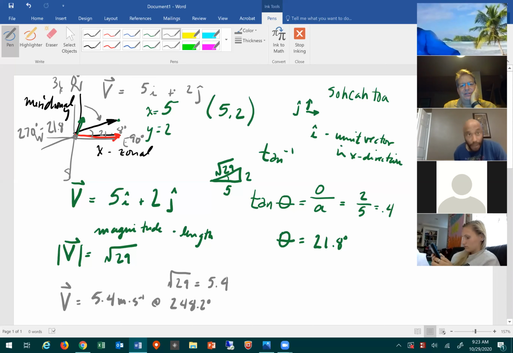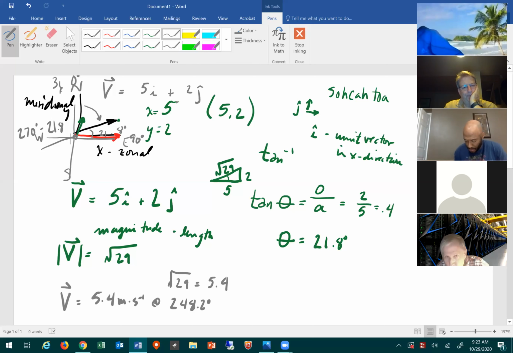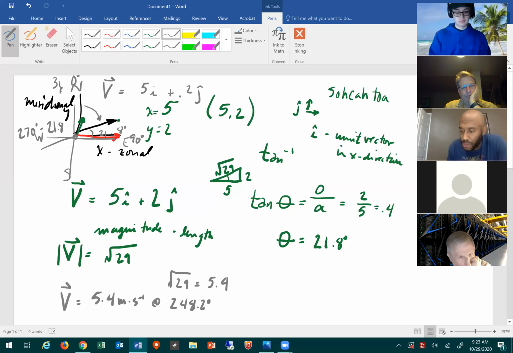Are these positive or are they negative? The individual terms? A wind from the west is positive or negative? Negative. Wind from the south is positive.